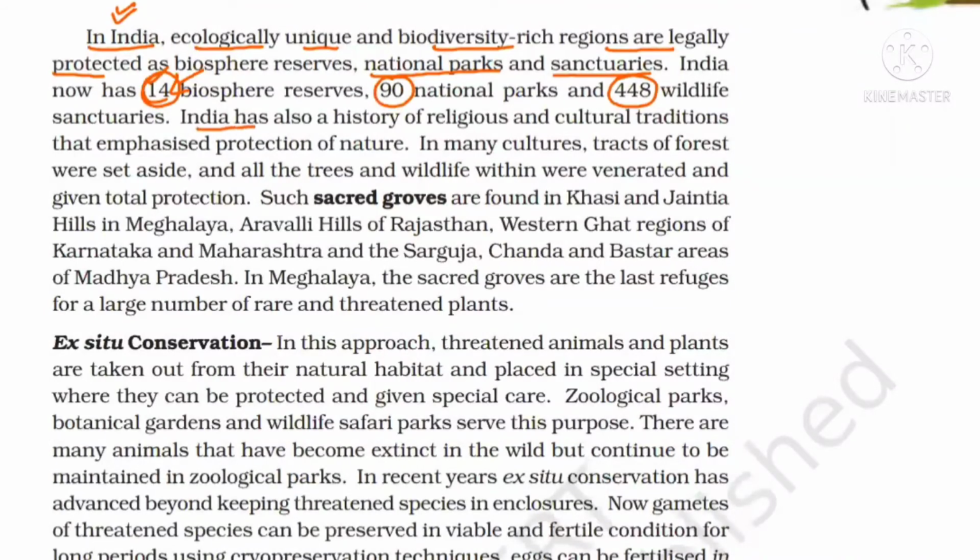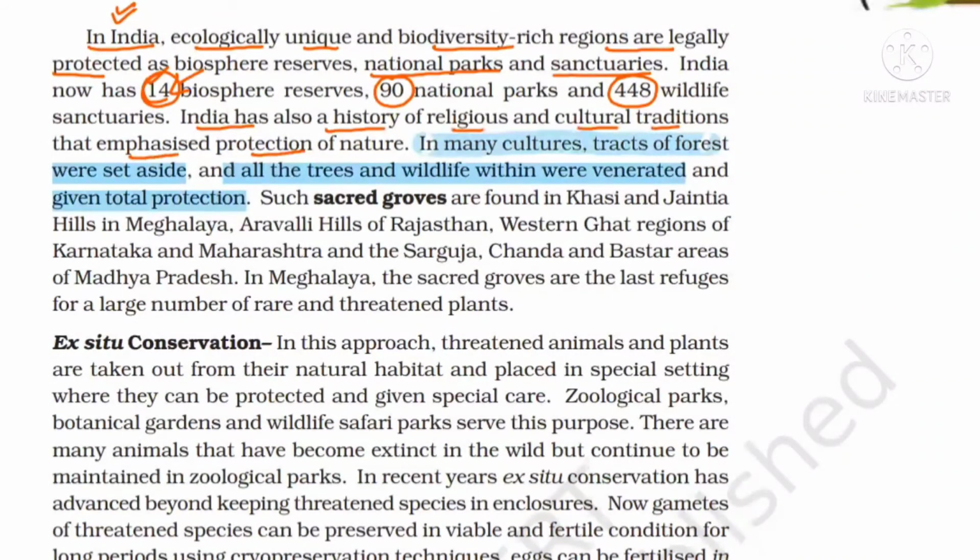Now see beta, India also has a history of religious and cultural traditions which emphasize protecting nature. In many cultures, in many of our areas, we find tracts of forest set aside, and all the trees and wildlife within were venerated. Venerated means you can understand this way that they are given a lot of respect. And as a result, we are trying to give total protection.